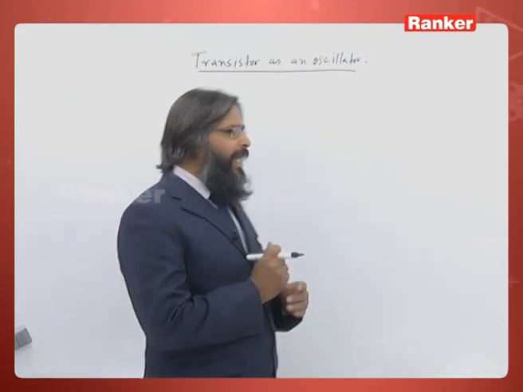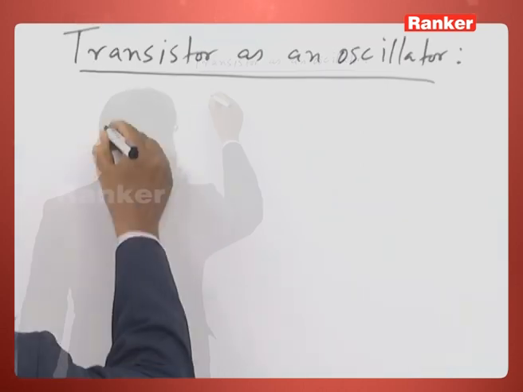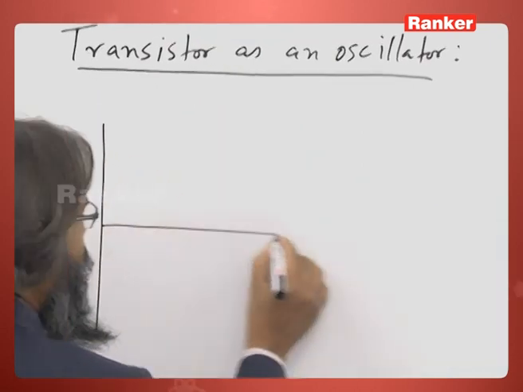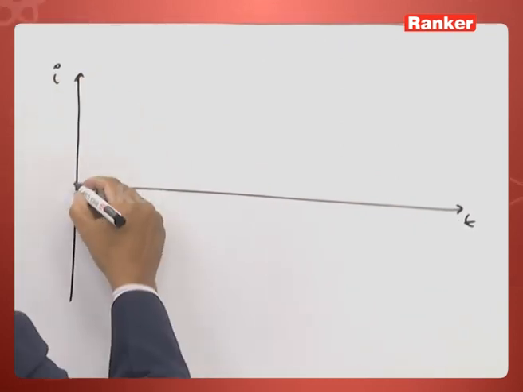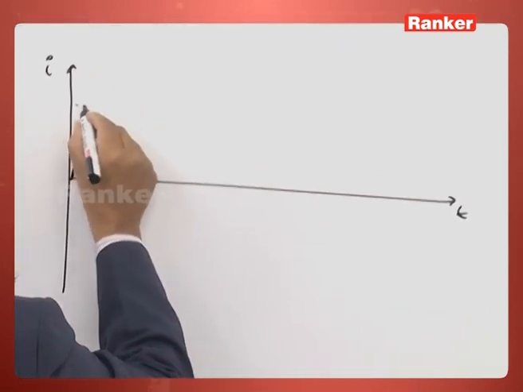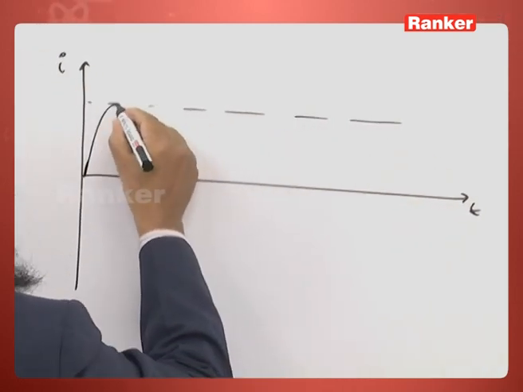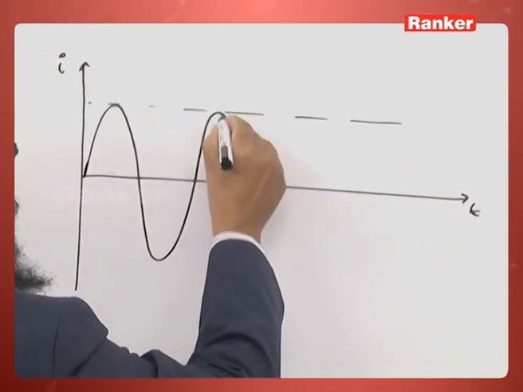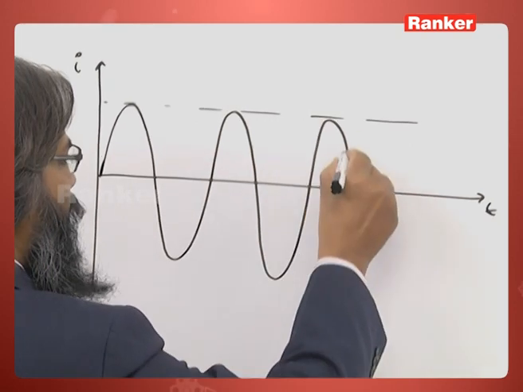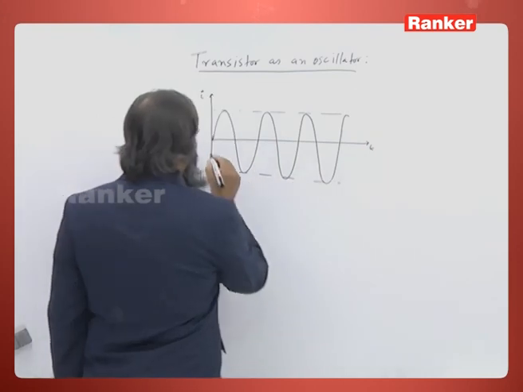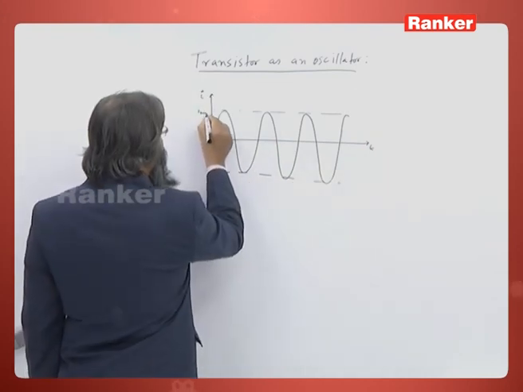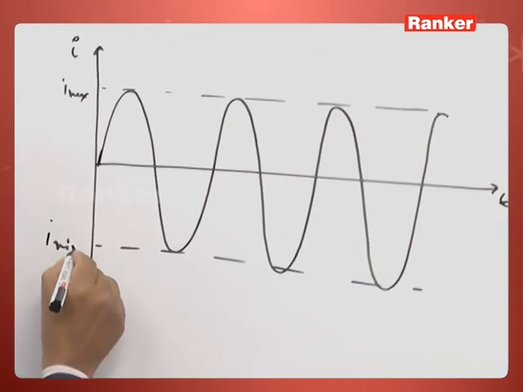Now, in an oscillatory circuit, LC oscillation, the time is plotted here, and suppose I plot I. In the oscillatory circuit, the current varies like this. This is the oscillatory current we expect, this is I max and this is I min.